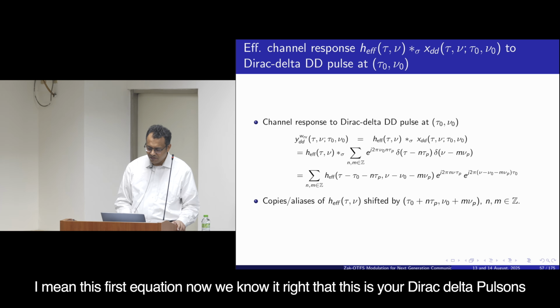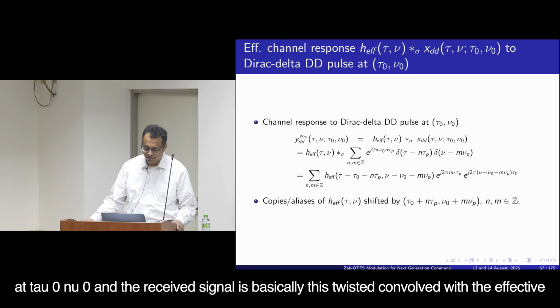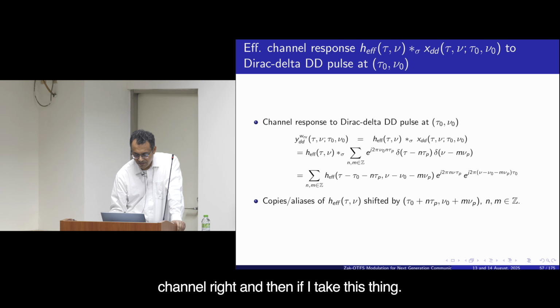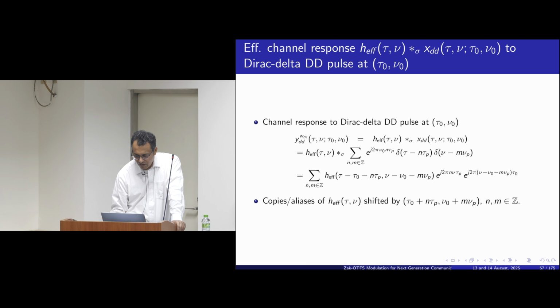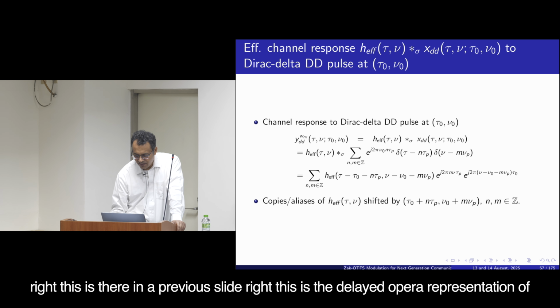Now suppose, I mean, this first equation, now we know it, right, that this is your Dirac delta pulson at tau 0 nu 0, and the received signal is basically this two-state convolved with the effective channel, right. And then if I take this thing, now this expression I know is equal to this, right, this is there in a previous slide, right.